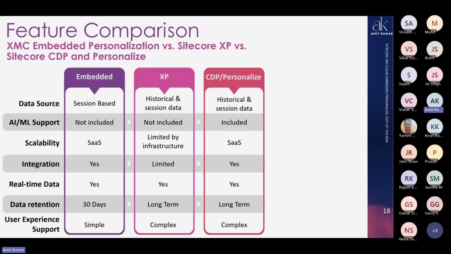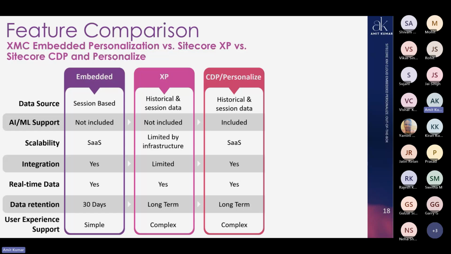Data retention: for embedded, it's 30 days, and for the others, it's long-term. User experience: embedded is simple and intuitive because you do not have many conditions. In the case of XP, if you know how to open the experience editor and click on a particular component to open a personalization condition, then only you can implement that.